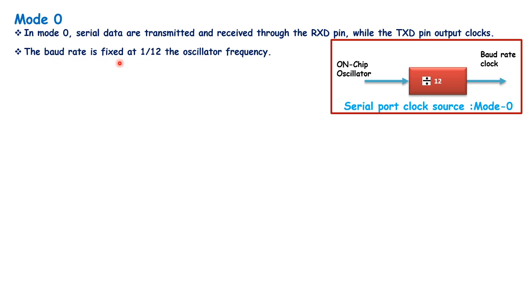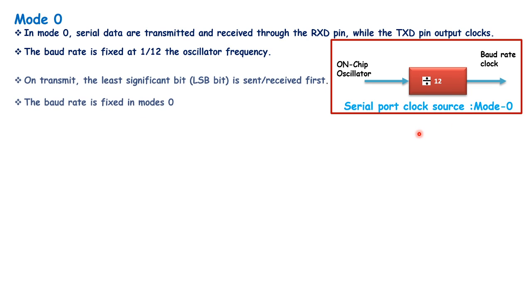The baud rate is fixed, and that is 1/12 of the oscillator frequency. Here the on-chip oscillator, that is the crystal frequency, is divided by 12, and that gives us the baud rate. The serial port clock source in mode 0 is like this.